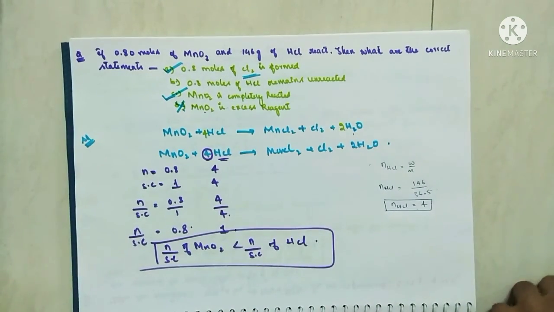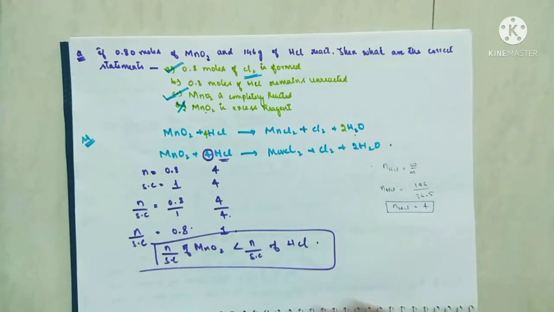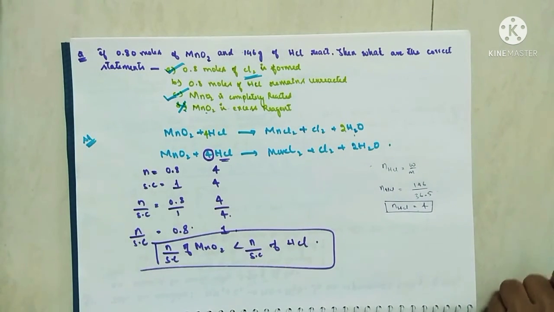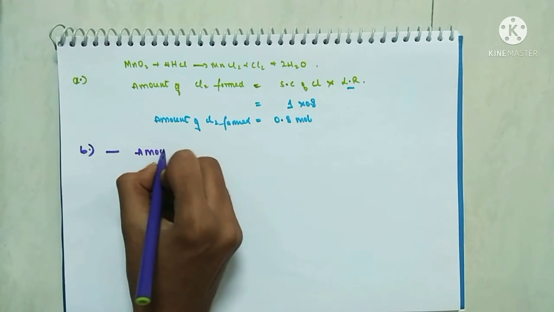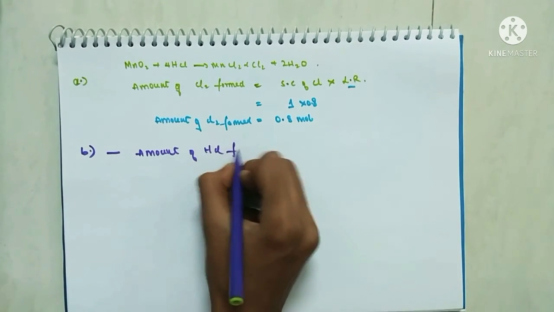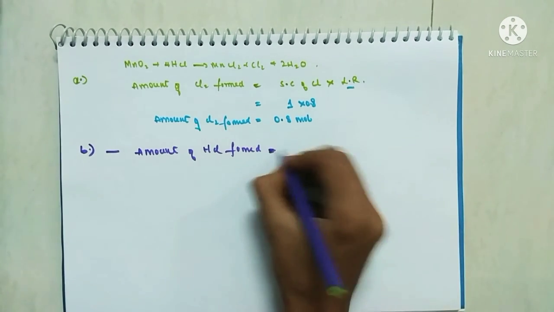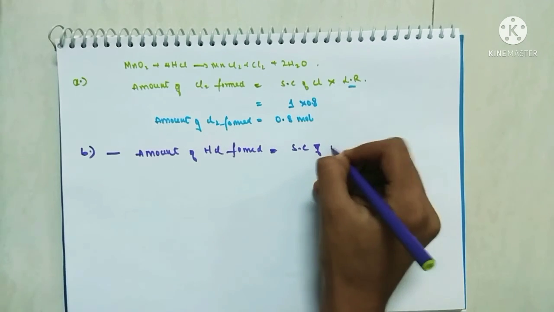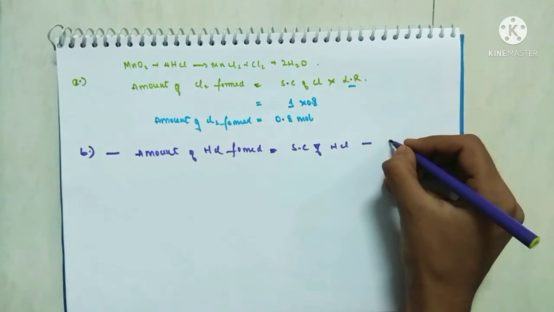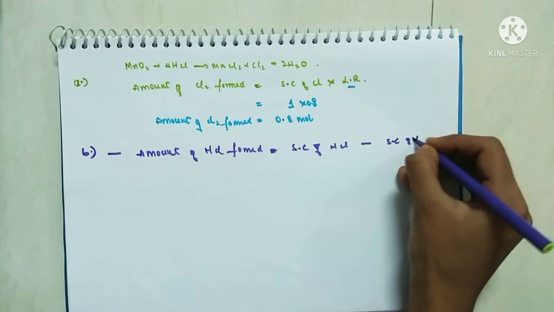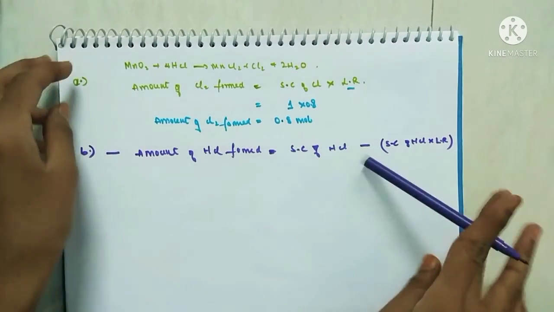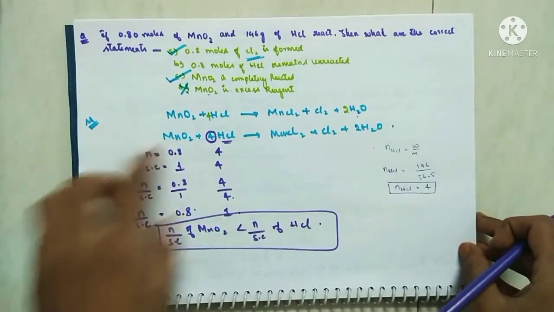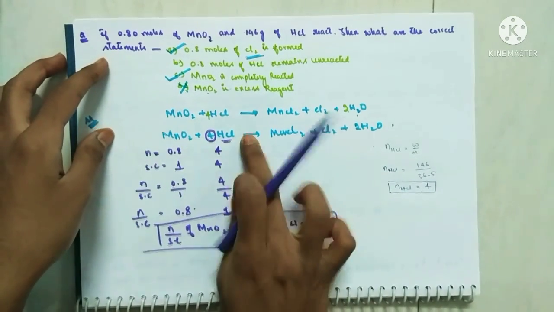The next statement is 0.8 moles of HCl remains unreacted. Let's find whether it is reacted or unreacted. The amount of HCl remaining is equal to SC of HCl minus SC of HCl into the limiting reagent. We use this formula for the reactant which is not consumed completely, and here HCl is not consumed completely.